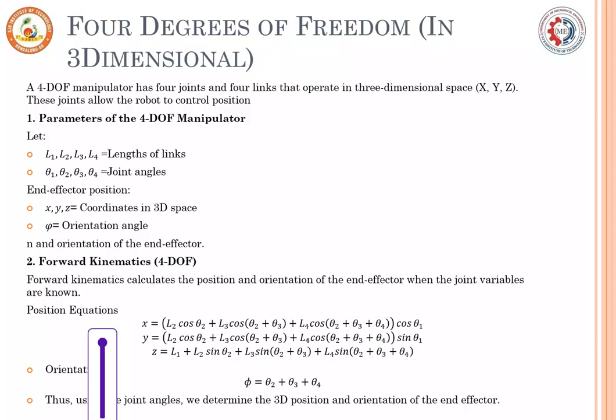Z is equal to L1 plus L2 sin theta 2 plus L3 sin of theta 2 plus theta 3 plus L4 sin of theta 2 plus theta 3 plus theta 4. The orientation phi can be calculated by theta 2 plus theta 3 plus theta 4, which you can combine. By using these parameters, you will be able to handle the 4 degree of freedom manipulator.